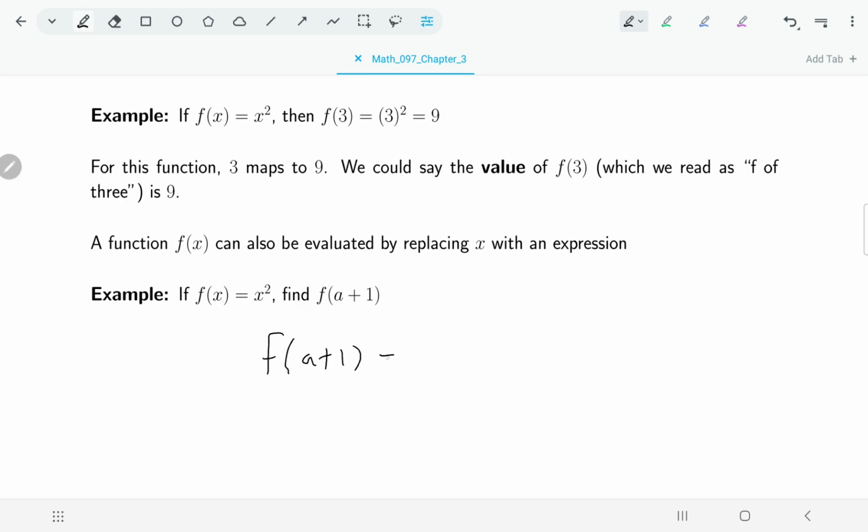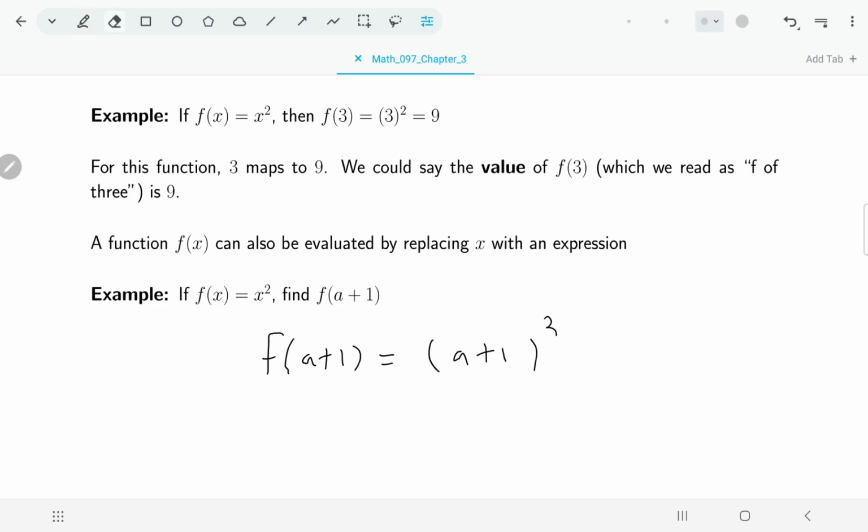So instead of x being squared, it's a plus 1 that's being squared. As I'm doing my replacement, just as I did above, I'm replacing things in brackets, because whatever the input is, the function has to square all of that input. Since all of a plus 1 is my input for this function, all of a plus 1 is getting squared.